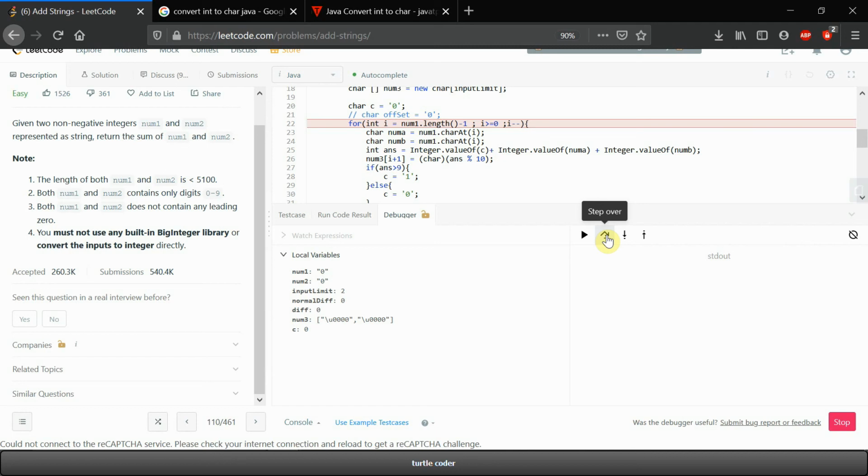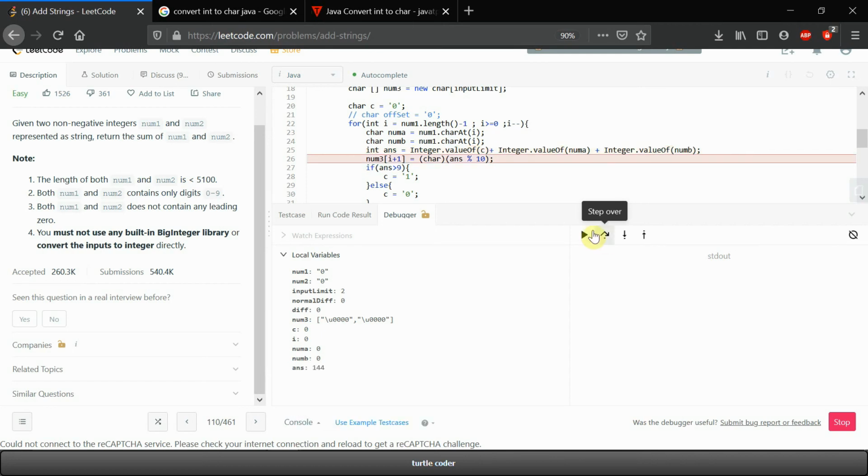I equals num length minus 1. This loop should run at least once. I got the char value at a, so num a is a, should be a. Oh, why is it so slow? Num b is 0 and answer should be 0.